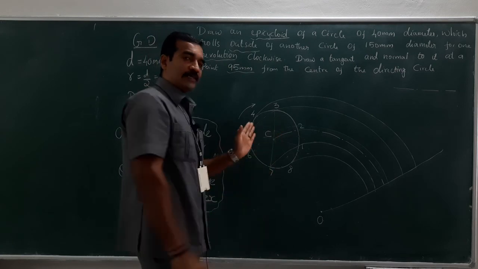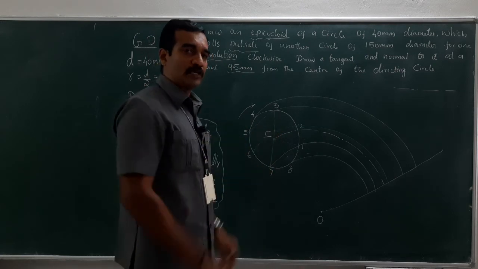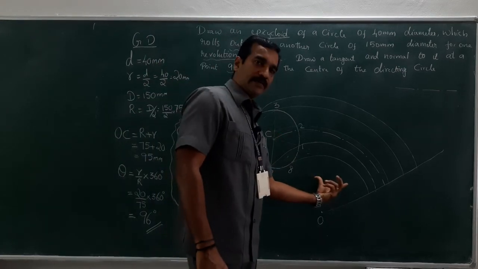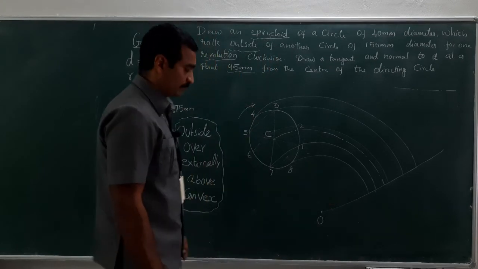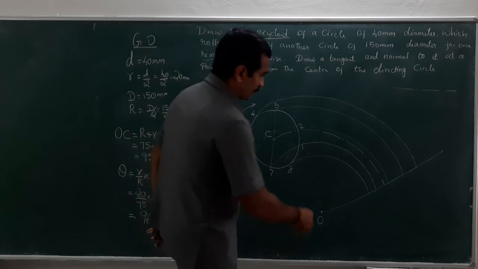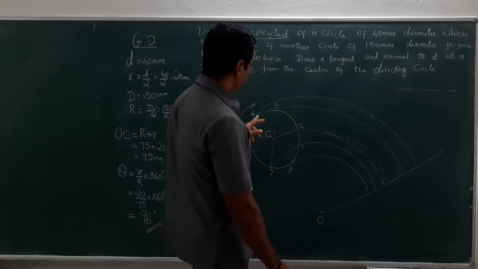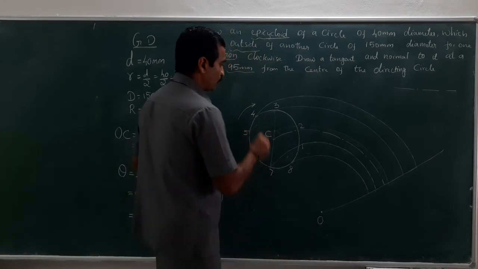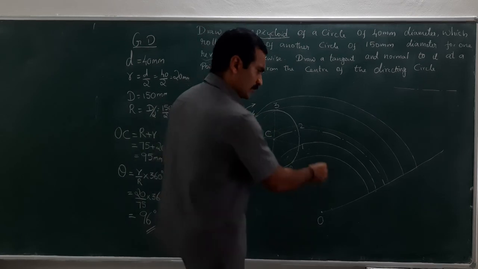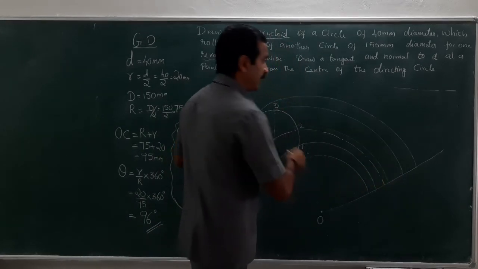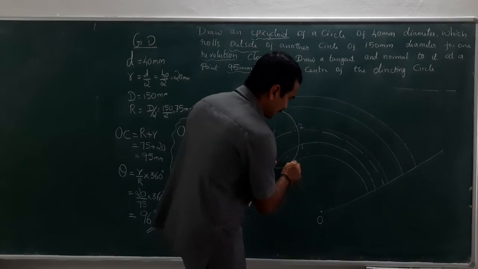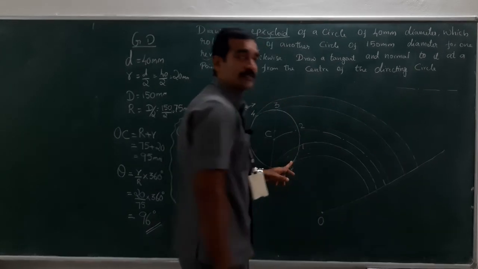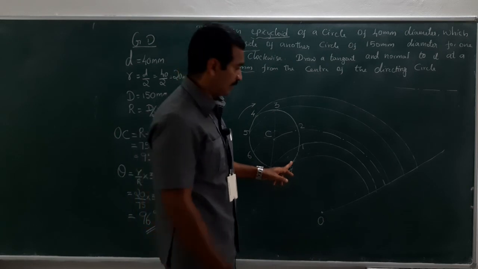Since I have divided this rolling circle into 8 equal divisions, I need to divide this particular sector into 8 equal divisions. Fine. So this is the two extremes, you can take this 8 and this as the extreme points. Both are the same.